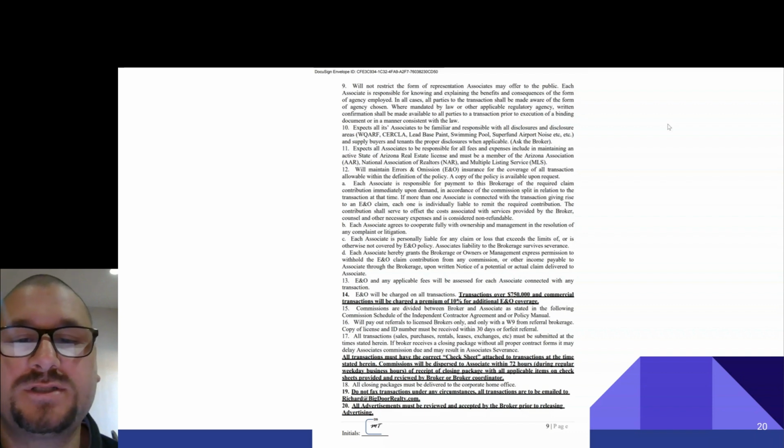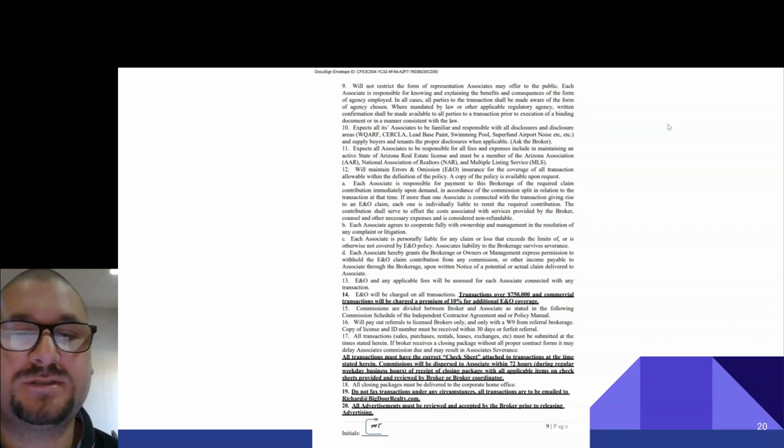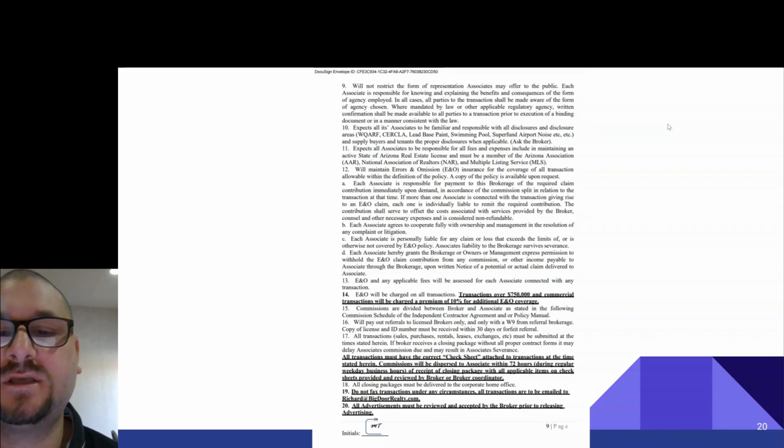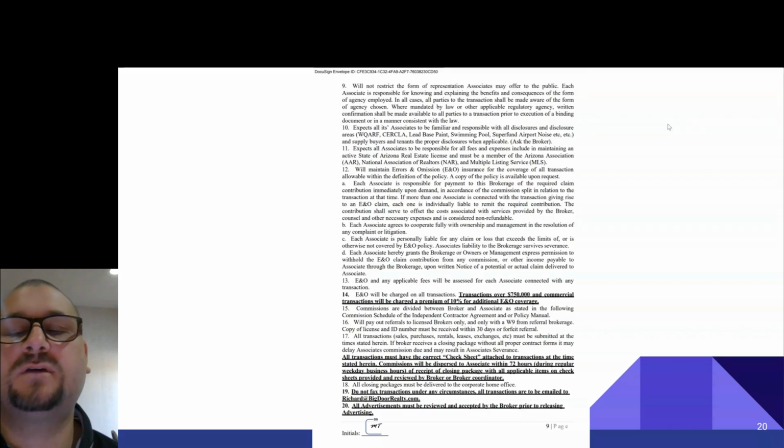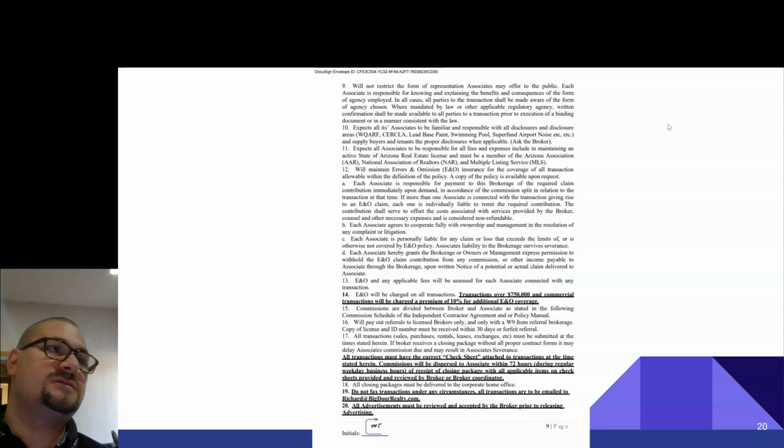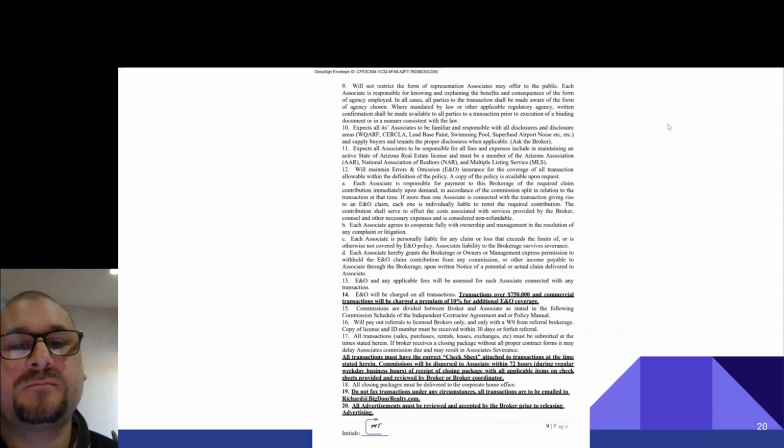E&O will be charged on all transactions over $750,000, and commercial transactions will be charged a premium of 10% for additional E&O coverage. So I know we haven't talked about commercial, but from this statement, it looks like Big Door Realty does commercial real estate.